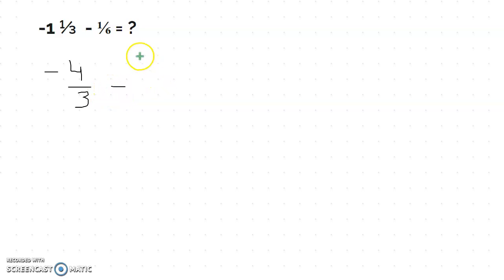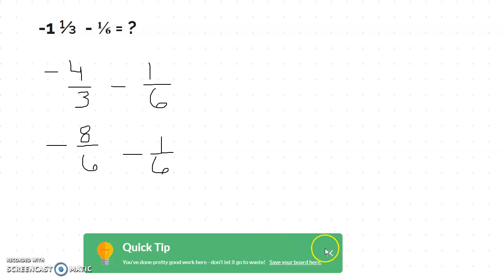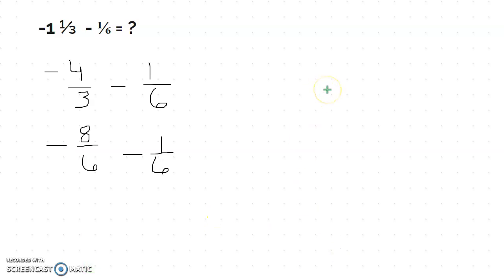Next thing I'm going to do is just rewrite 1 over 6. Now in order to subtract these, I need a common denominator. So I'm going to find a common denominator of 6 for both of these. 3 times 2 is 6, 4 times 2 is 8. So -4/3 is the same as -8/6.